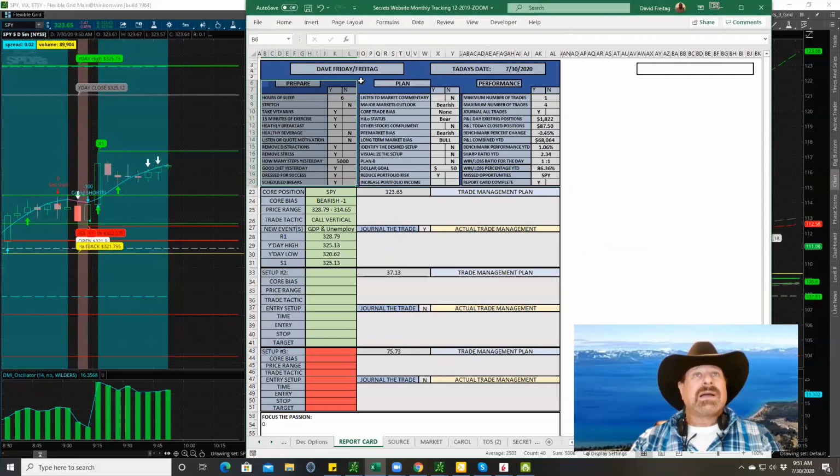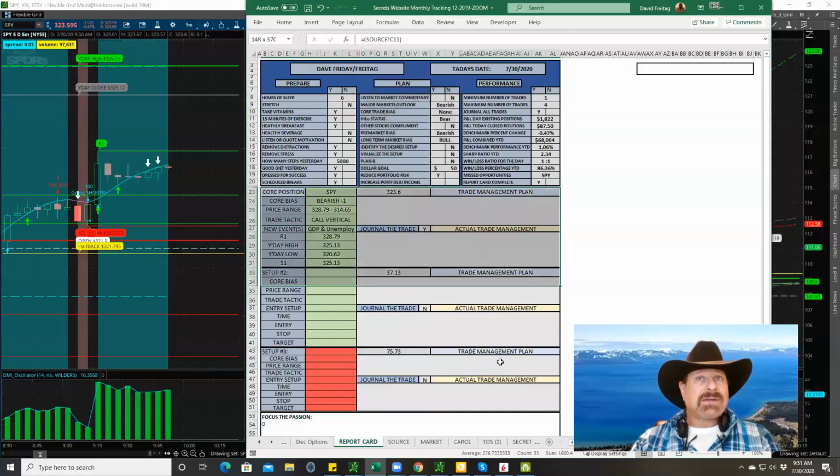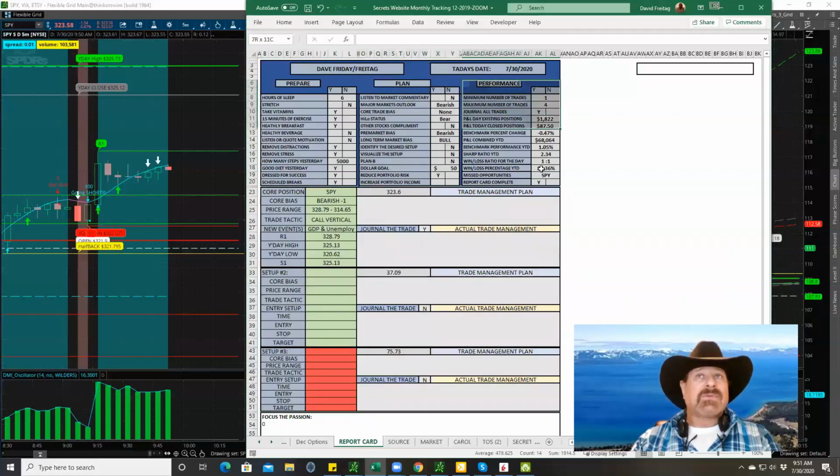And then did I plan for the day? Do I know what stocks I'm going to be looking at and why I'm looking at them? And all that information is kept down in here. And then, at the end of the day, I track how I performed according to my plan here. So we're going to go through that real quick.